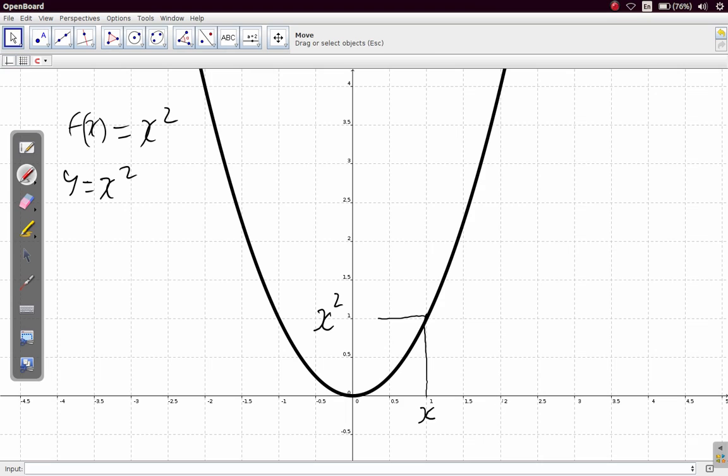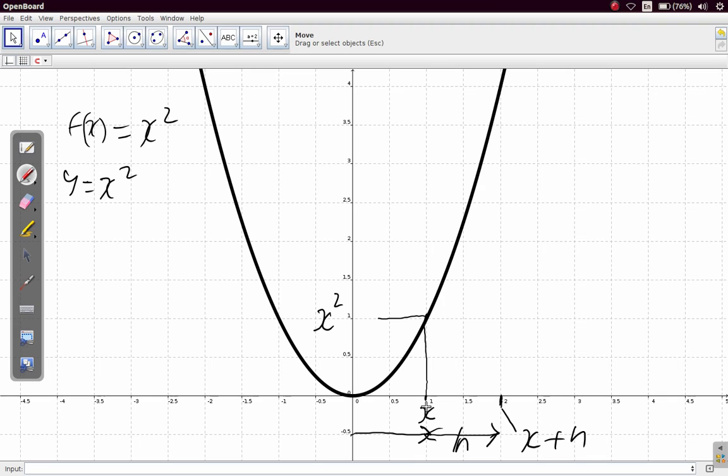Say it is here. This is the first point, this is the second point. So this would be x plus something. If we call this distance h, then this point would be x plus h, because from the origin to here is x, and then we go h more, so it is x plus h.